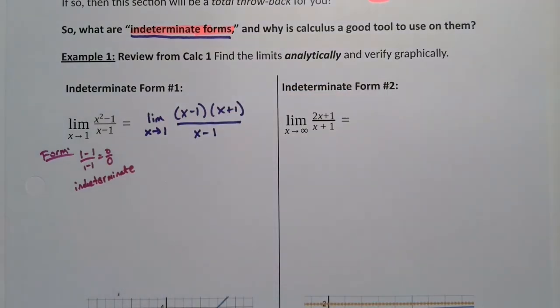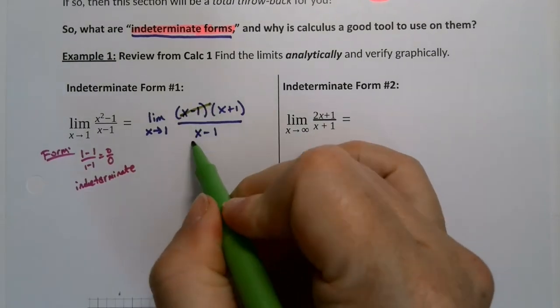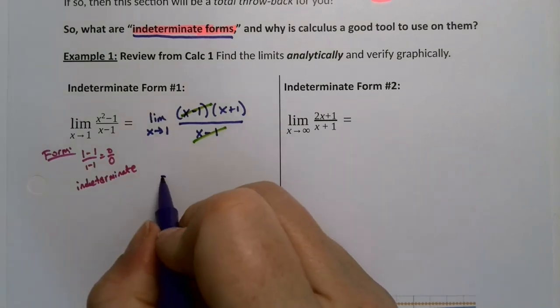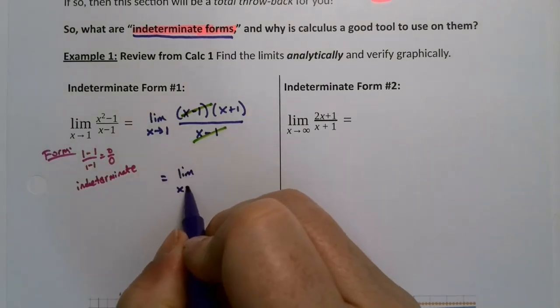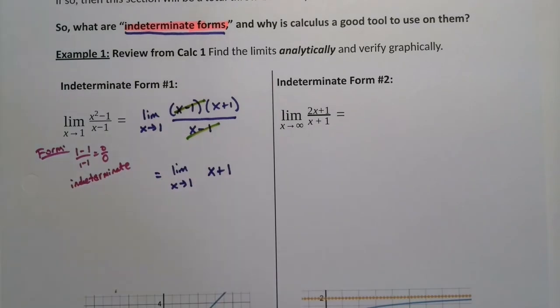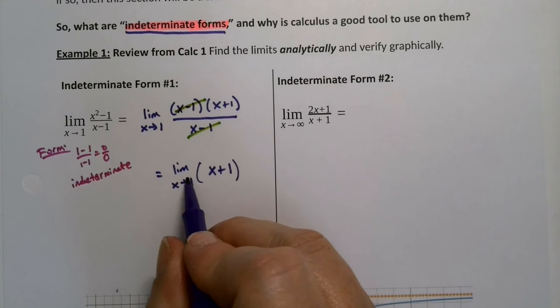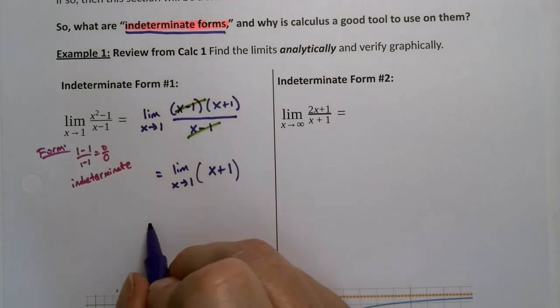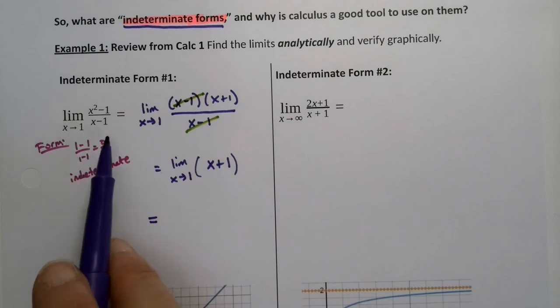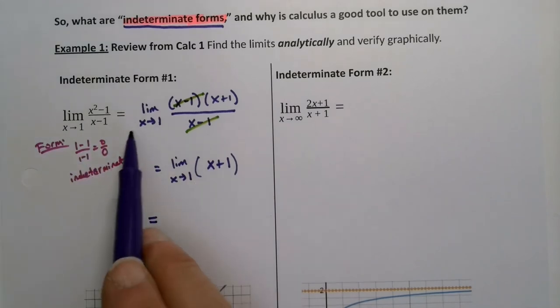And since I factored, then x minus 1 divides away and leaves me the limit as x goes to 1 of x plus 1. You still write the limit as x goes to 1 until you actually get to do substitution. So we tried substitution off the bat and it didn't work. It gave us an indeterminate form. So then we have to use algebra.